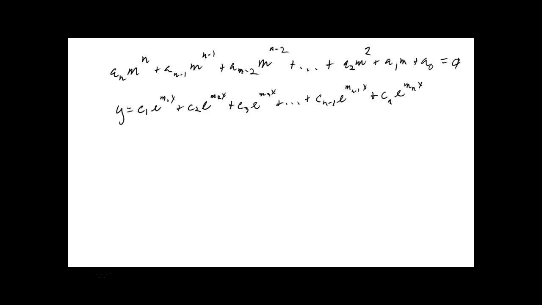So when m1 is a root of multiplicity k of an nth degree auxiliary equation, that is, k roots are equal to m1, then it can be shown that the linearly independent solutions, and this pretty much follows from case 2, are e to the m1 x, and the next one would be x e to the m1 x, the next one would be x squared e to the m1 x, and they keep going until you get to the kth one, and it'd be x to the k minus 1 e to the m1 x. Okay?